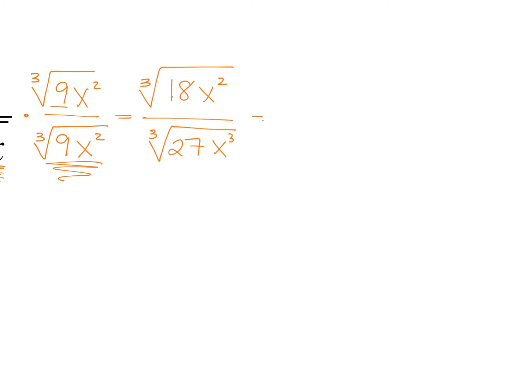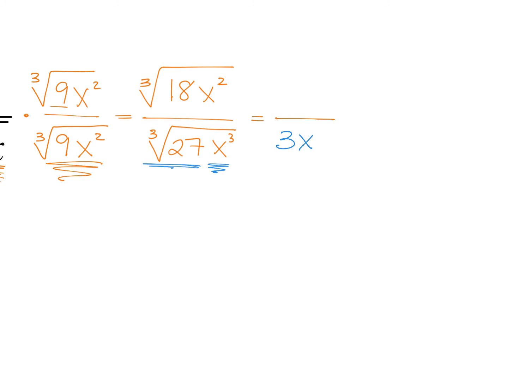Now let's simplify that. What is the cube root of 27? That's 3. What's the cube root of x cubed? X. So on bottom, we have 3x, which is what we want. We don't want a radical down there. So we're in good shape there.